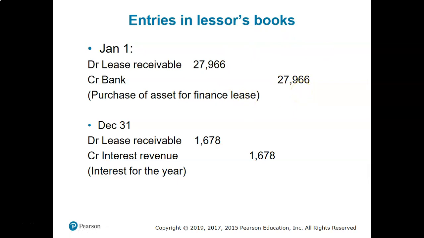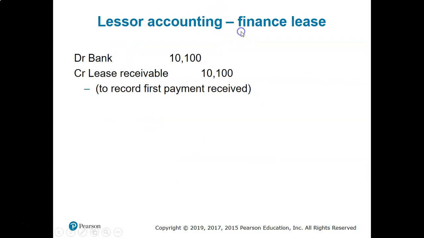And the interest: at the end of the year, the lessor will recognize the interest. The lessee recognizes the interest as expense, but the lessor will recognize the same interest as revenue, because the lessee is paying and the lessor is receiving.